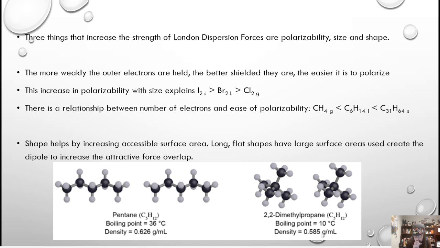It's a little bit bigger molecule, so it can't pack as tightly, and so you see the density going down, but you see the boiling point drops by 25, 26 degrees. This is a gas at room temperature. The other one is a liquid.